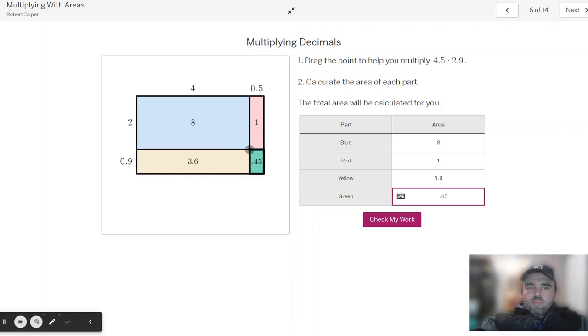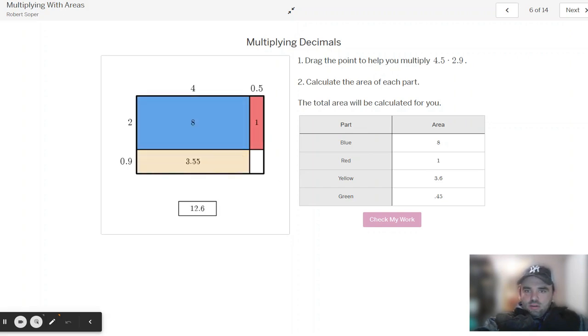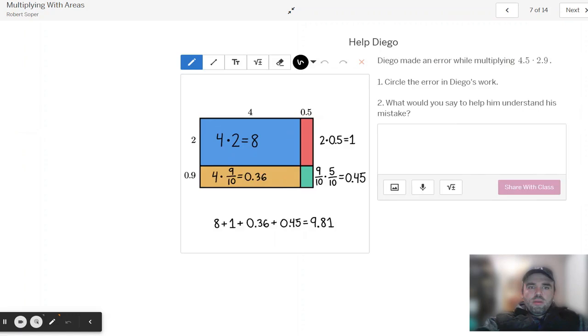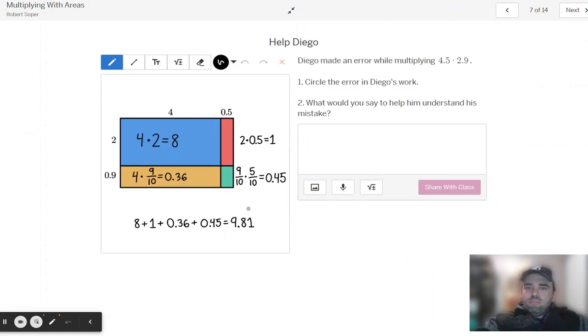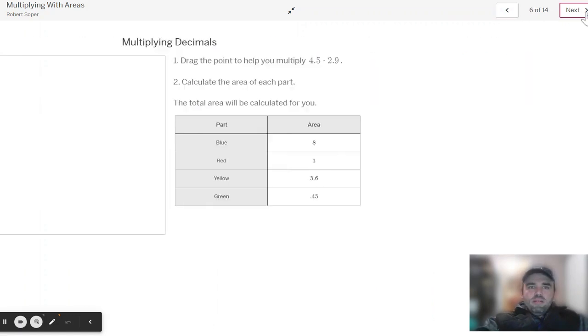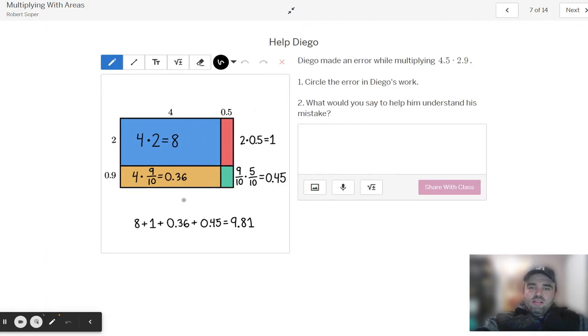Just like we did before, we're going to add up all 4 of those boxes. Hopefully I did that correctly. Looks like it so far. All right, just like we did before, go ahead and add up to find the area. Actually, don't do that because we're not there quite yet.